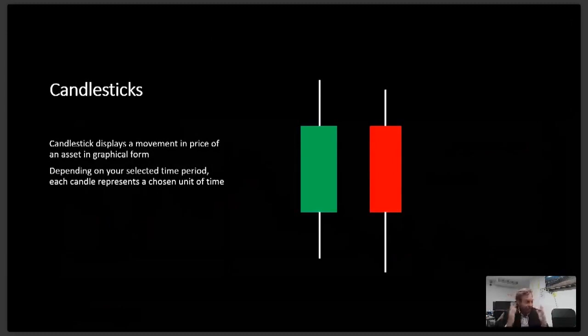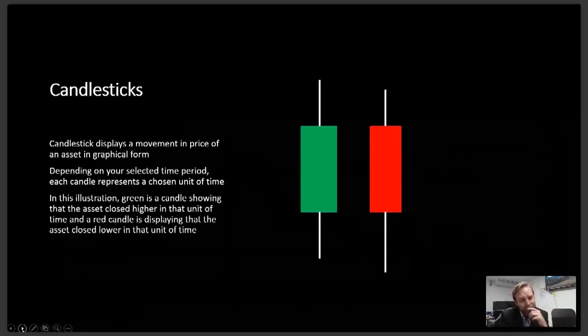So say, for example, on your chart, you choose 30 minutes. Then each candle represents 30 minutes. If you choose an hour, then each candle represents 1 hour. Daily, each candle represents a day. But as well as that, it gives you a lot more information.